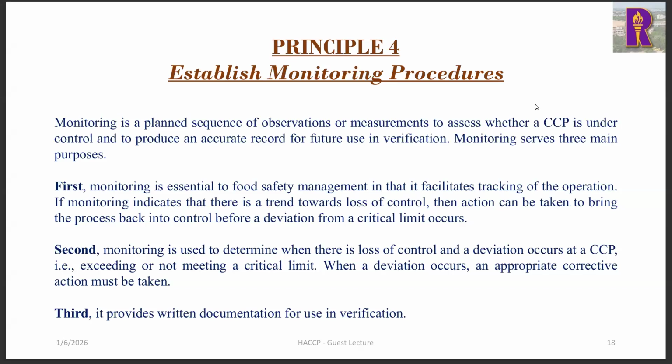That is the next step, the monitoring procedure. Once we find the hazard, critical points and the limits, we don't directly go into action. For example, when there is a robbery, a few people directly go into action, get hit, come back and then go for a police complaint.